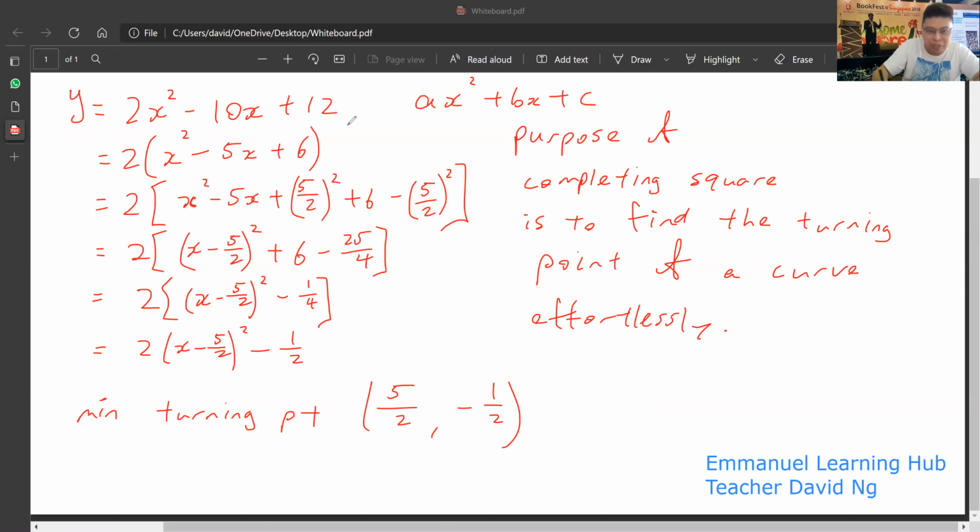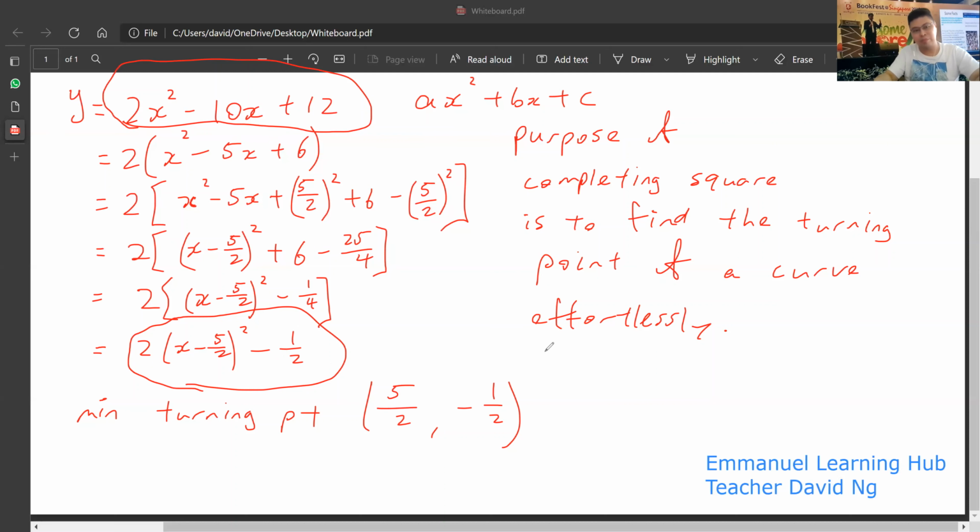What I'm saying is after you completed the square, you get the equation in this form. Actually, this equation here is also this expression here, because equal means they are the same. They are the same equation, just expressed in a different form.